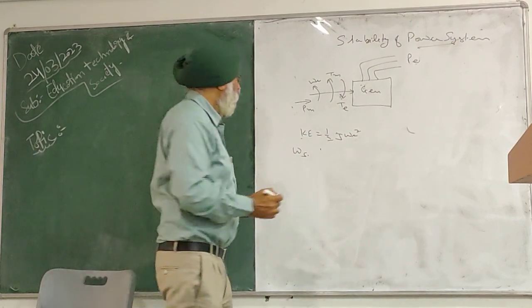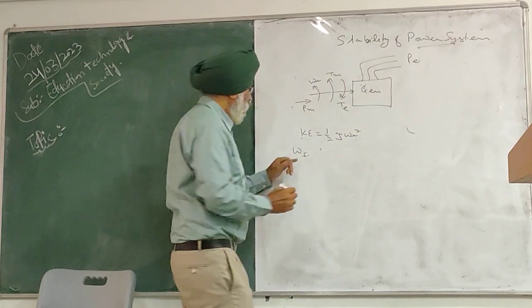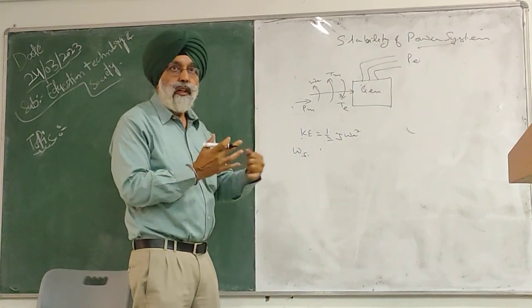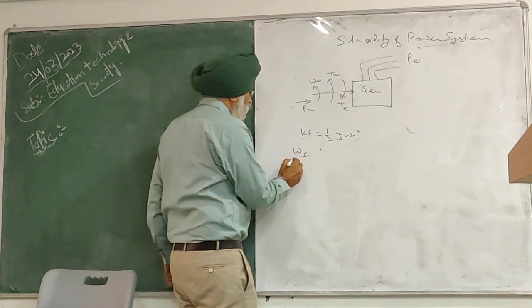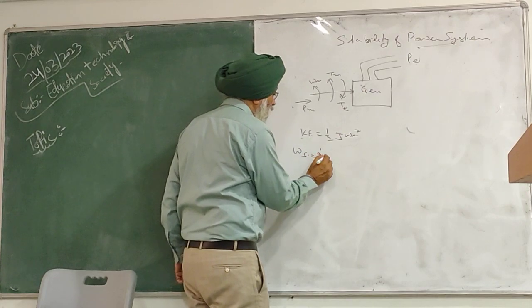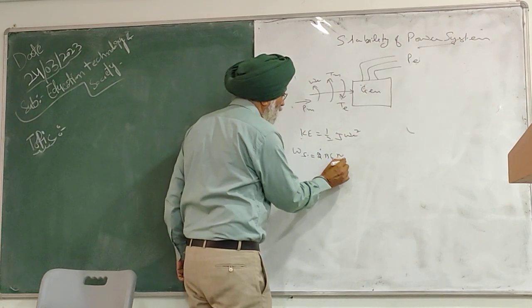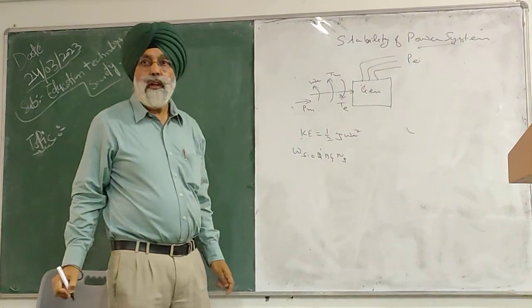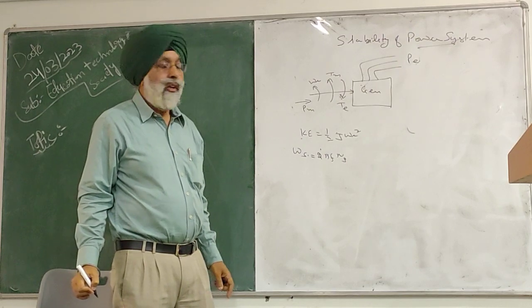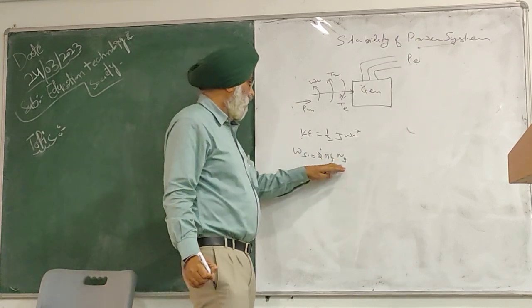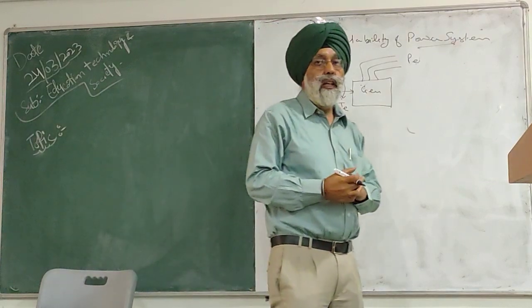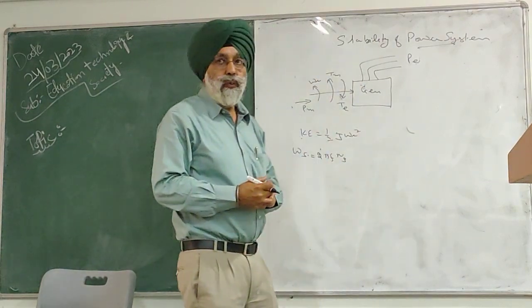Okay? And we have the relationship. So we have the angular velocity, which is given by ns, and this is equal to 2 pi f ns.